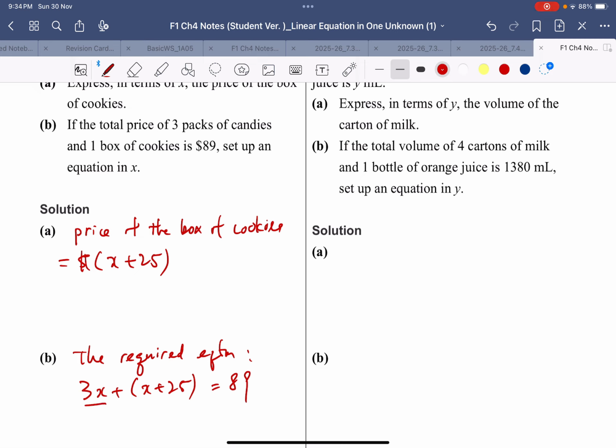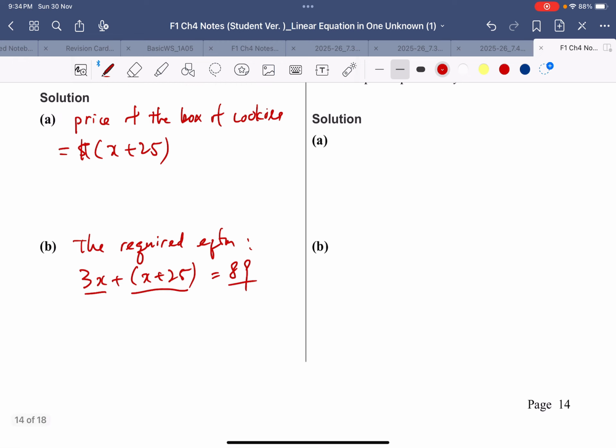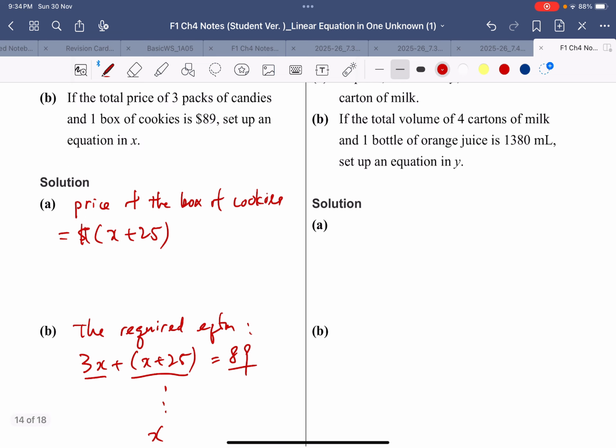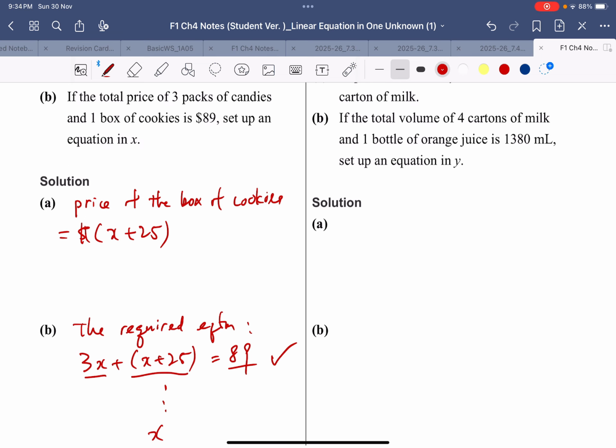So this is 3 packs of candies and 1 box of cookies, adding up to 89. This is the equation that we can set. Afterwards, we can solve it to find x. But just at this stage, you can set up the equation first.